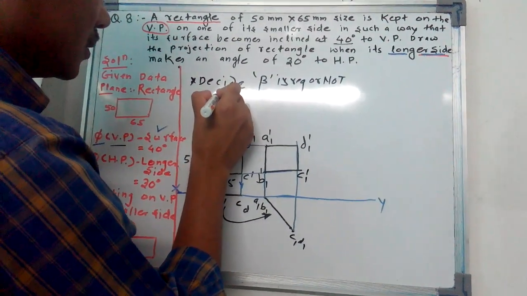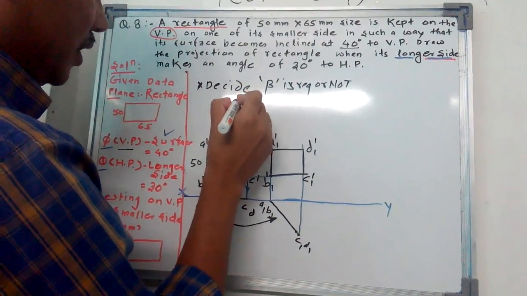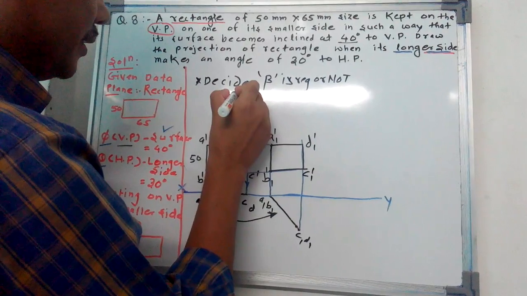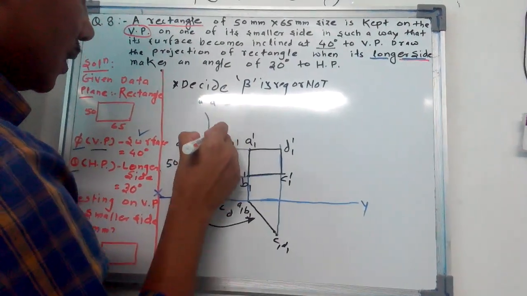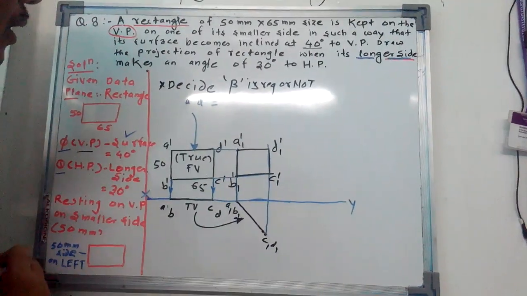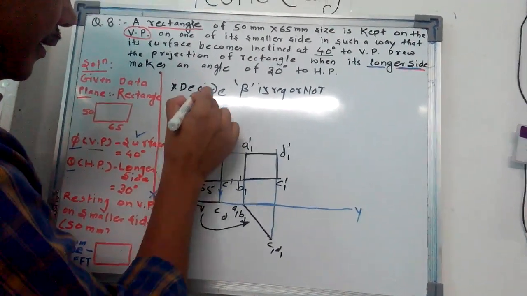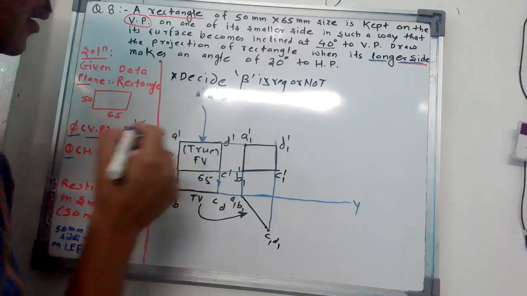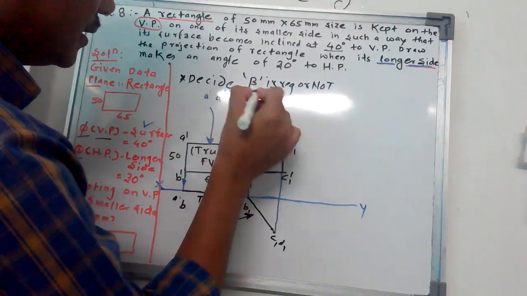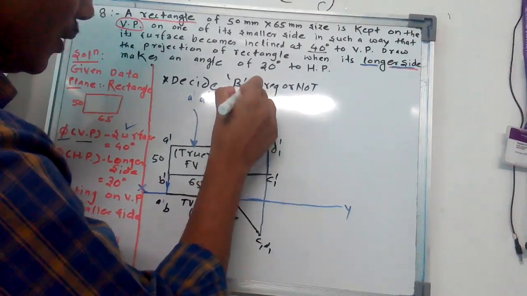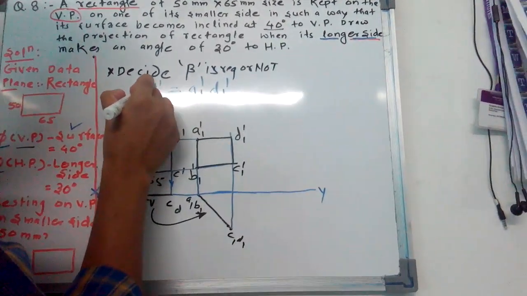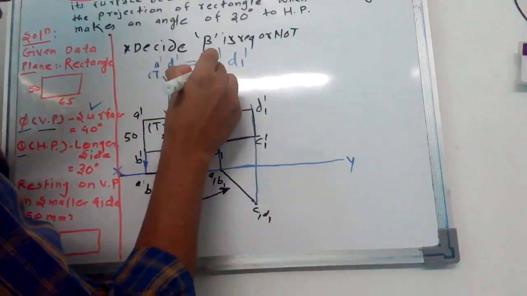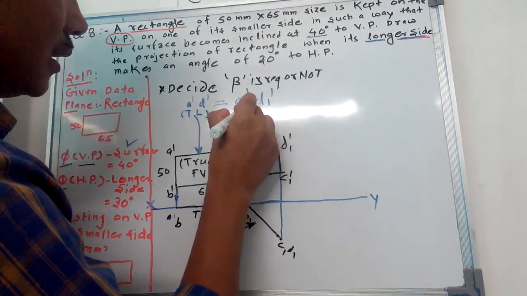So suppose you consider AB side, AD side, longer side, as inclined. Then A dash D dash is equal to A1 dash D1 dash, or we can say true length equal to EL.